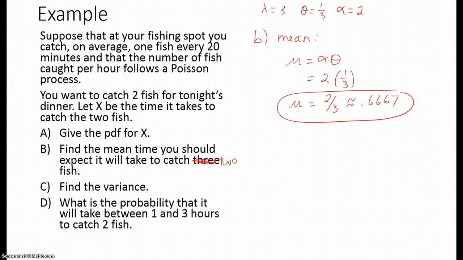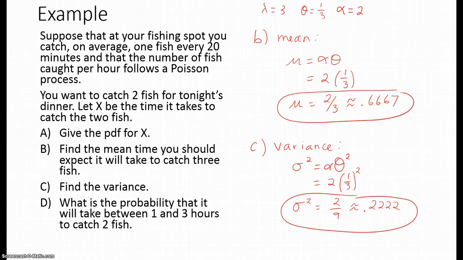It gives us a mean of 2/3, or about 0.6667. Now the variance is given by the formula alpha times theta squared. We take 2 times 1/3 squared, and that gives us 2/9, or approximately 0.2222.